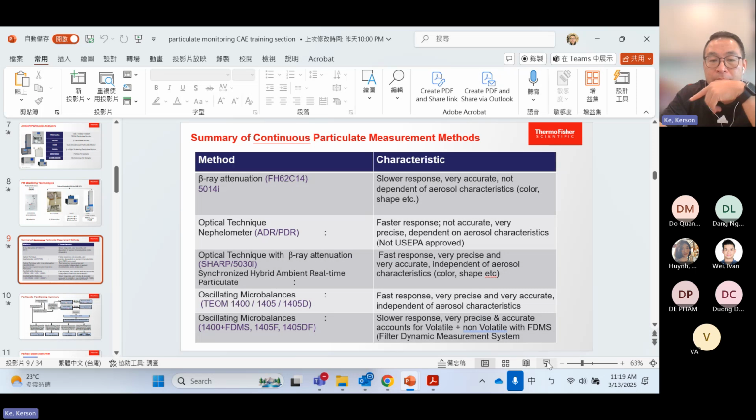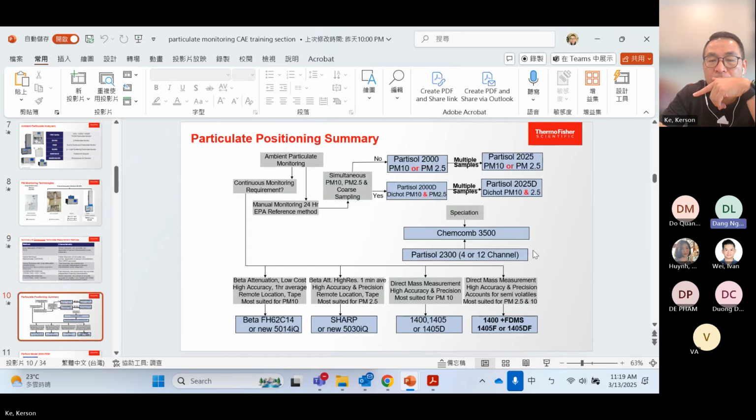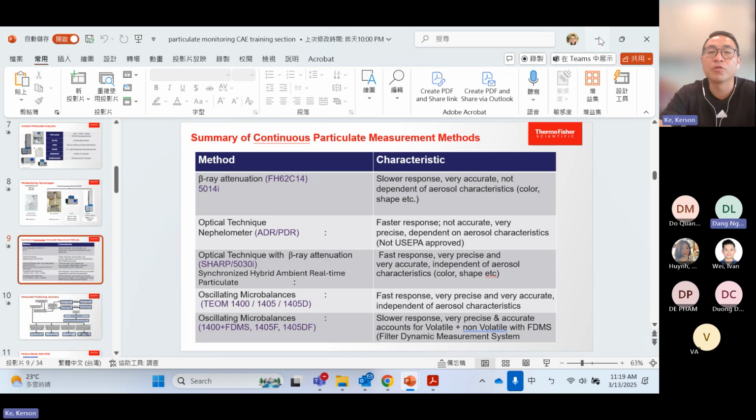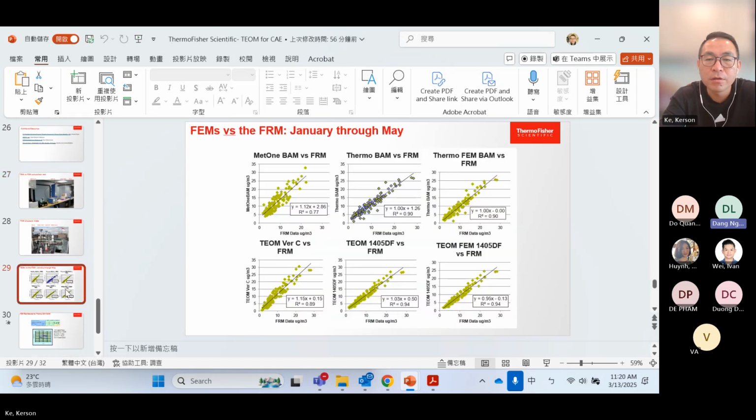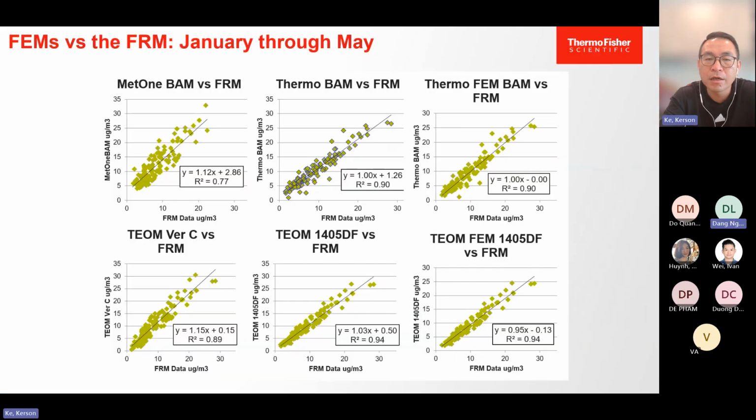You can see my screen, right? Yes, it's the summary of characteristics. But this slide just shows which is more accurate, not the number. What I want is the number for the accuracy of this device. Okay, I may send some report to you like this.